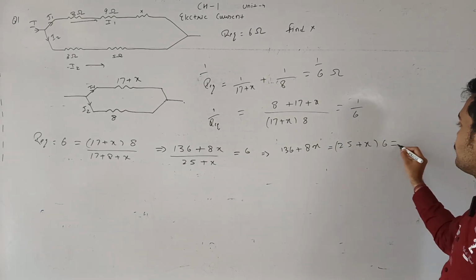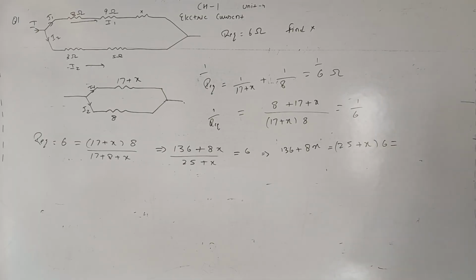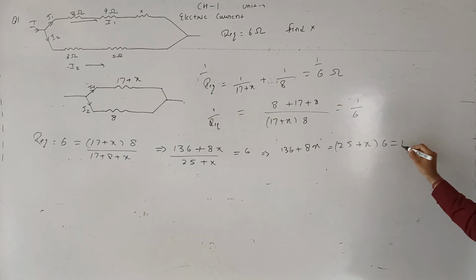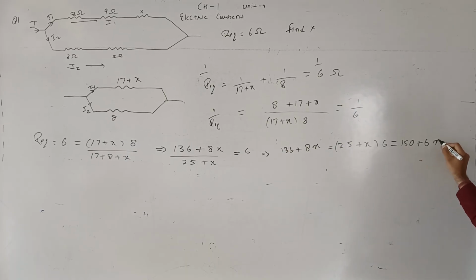So 25 into 6 is 150, giving 150 plus 6X.